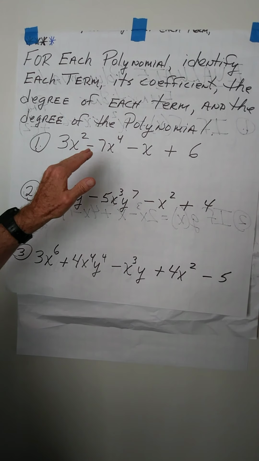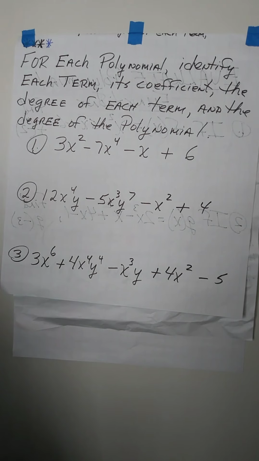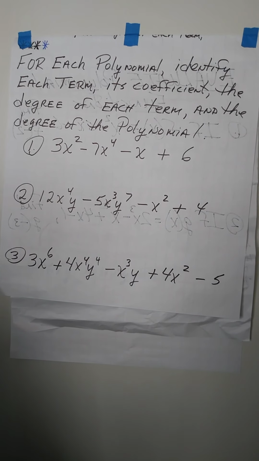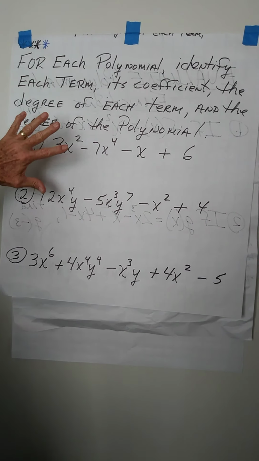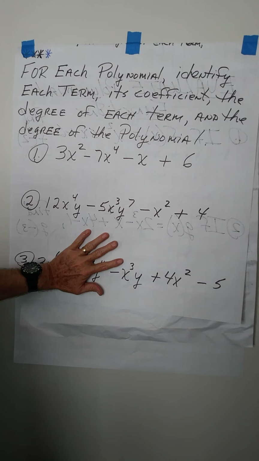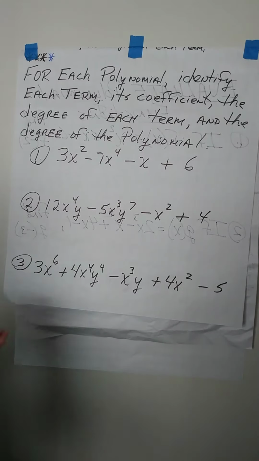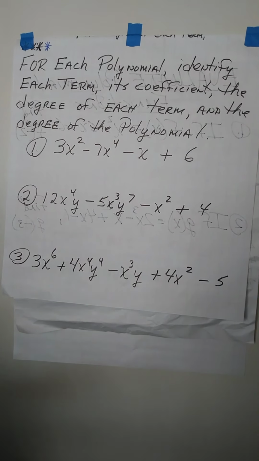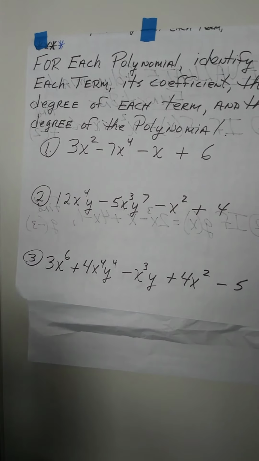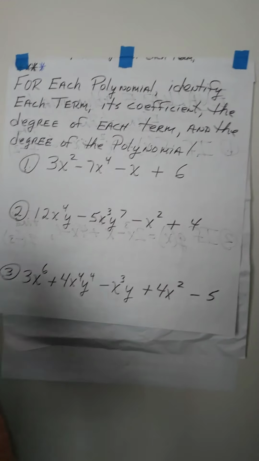And then finally, to identify the degree of the polynomial. Now, I don't have very much room here for these three, so I'm going to do it very carefully and try to be specific enough about what they're wanting you to do.